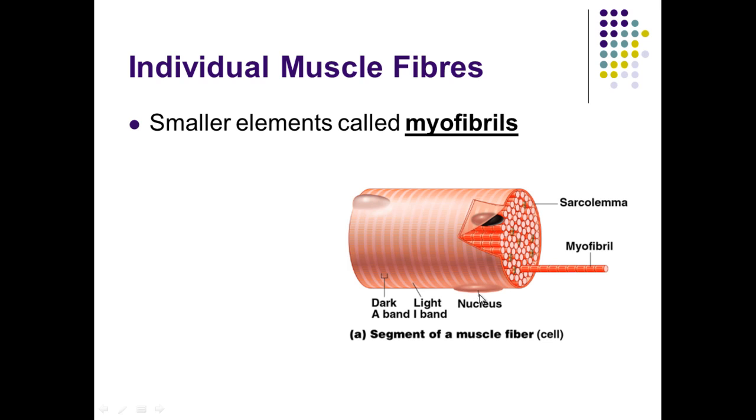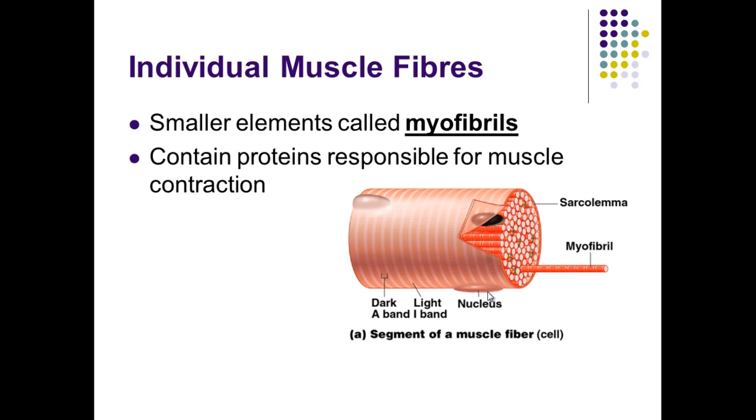You can see here that you have a nucleus, very much like you find in a typical cell. So the sarcolemma is very similar to the cell membrane that you find on a typical cell, and it obviously contains a nucleus.